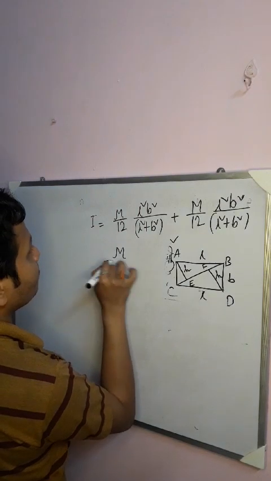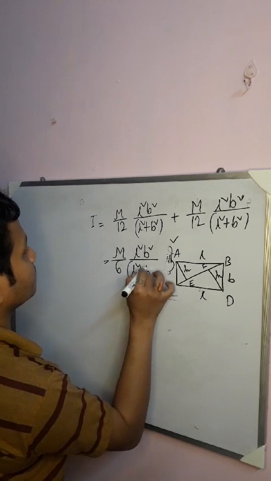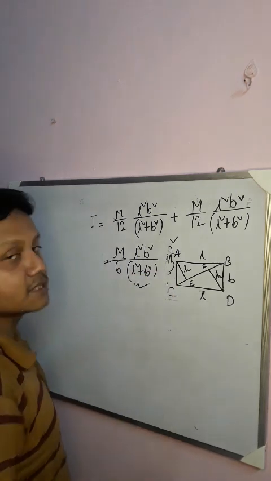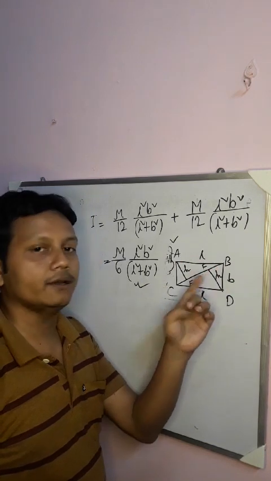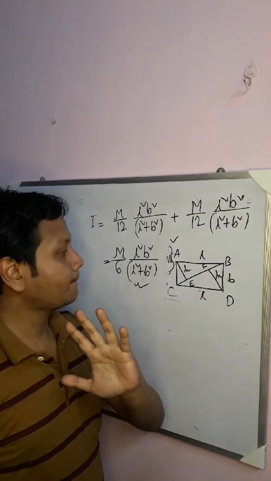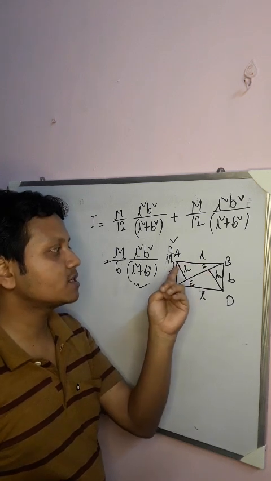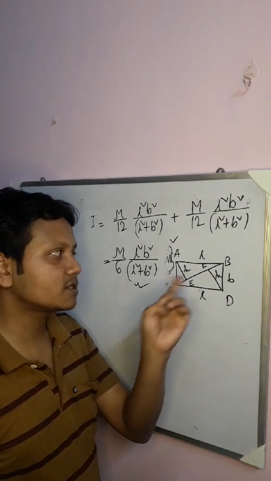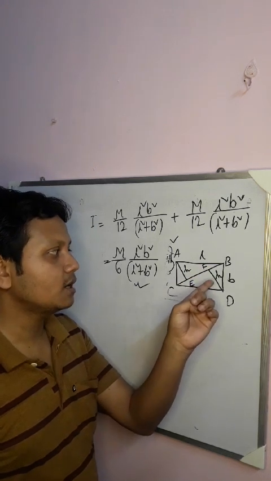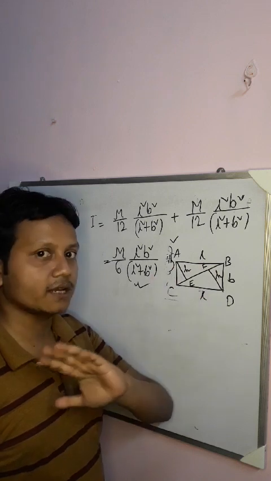That means M by 6 into L square B square by L square plus B square. So this is the answer: the moment of inertia of a rectangular plate about any of its diagonals. So at first you consider it as the sum of two triangles, and from symmetry considerations you can easily find the moment of inertia of the two triangles, and then adding these two we get the result.